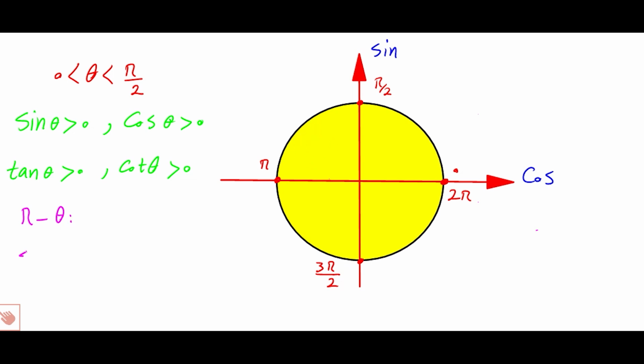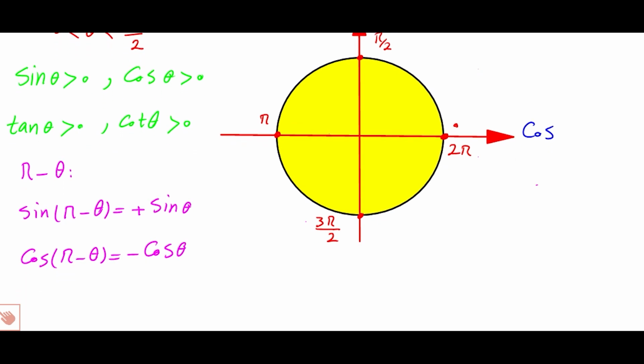So we have sine of pi minus theta is equal to positive sine of theta, because pi minus theta falls in the second quadrant and sine is positive in the second quadrant, and cosine of pi minus theta is negative cosine theta, because in the second quadrant cosine is negative.